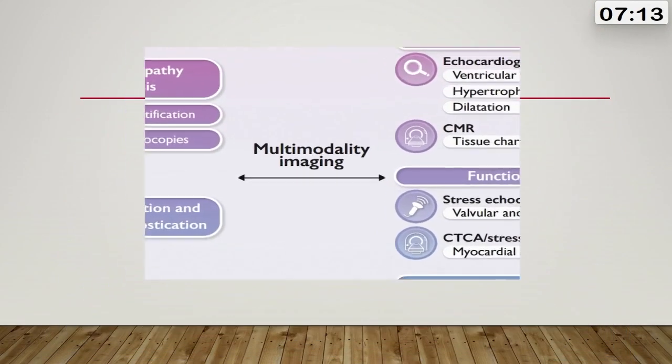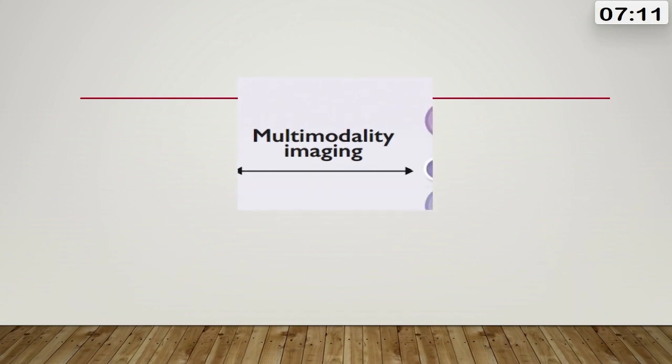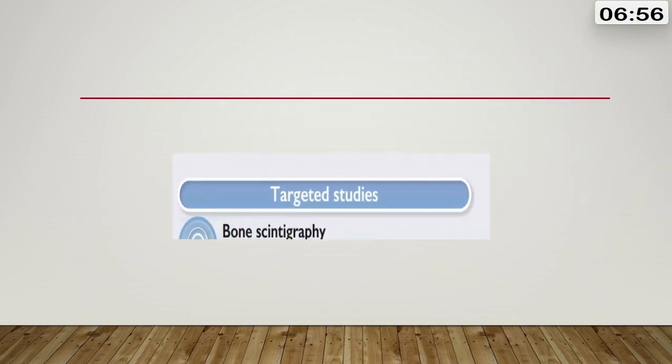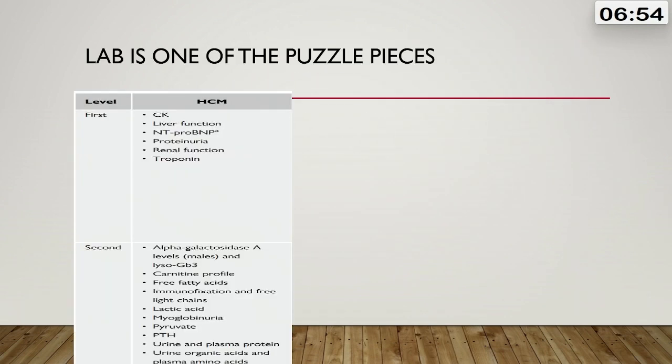So we now have clinical suspicion, going to multimodality imaging. Doing echo and CMR will diagnose the disease, and CMR will also characterize the nature, the tissue characterization. And if you suspect amyloidosis, do bone scintigraphy to confirm your diagnosis. Don't forget the lab. It's one of the puzzle pieces.